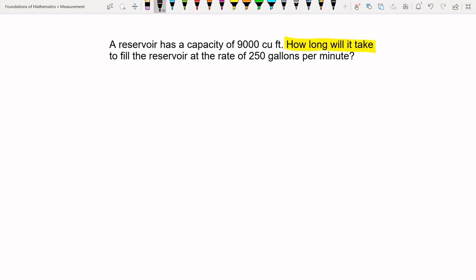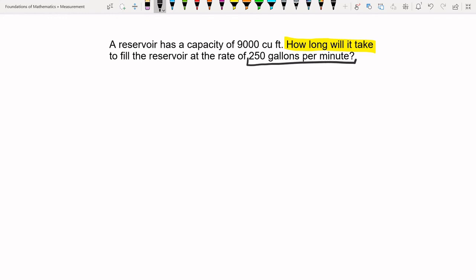That's a time measurement. So we're converting between a volume, a capacity, into a time. And we're going to use the given conversion between gallons and minutes. That's a ratio between capacity and time.